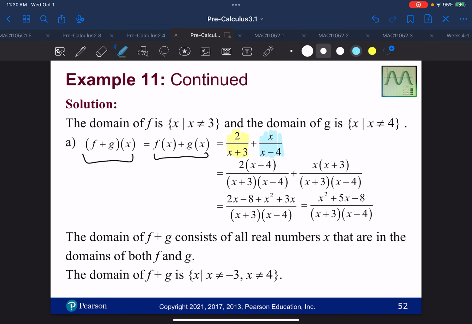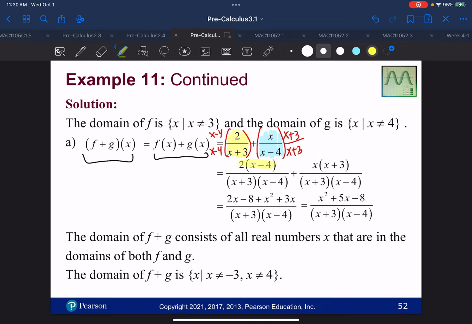And if I wanted to combine this into one single fraction, then I could get a common denominator by multiplying the left fraction, top and the bottom, by x minus 4, and then multiplying the right function by x plus 3. So I can get a common denominator. So that's what they're doing here.